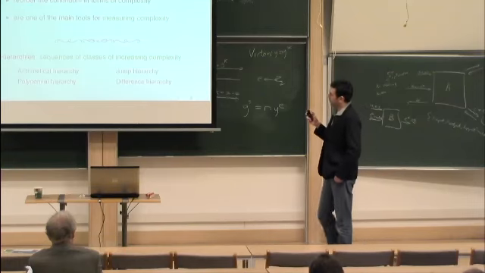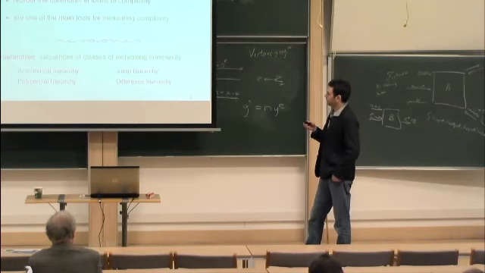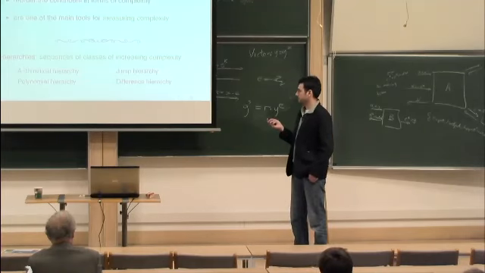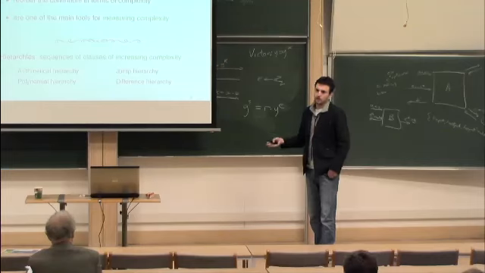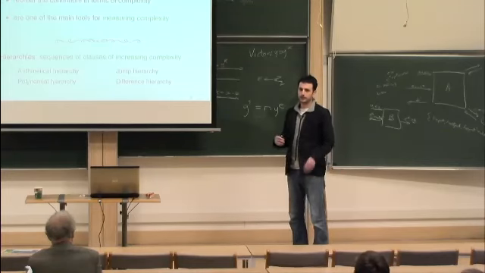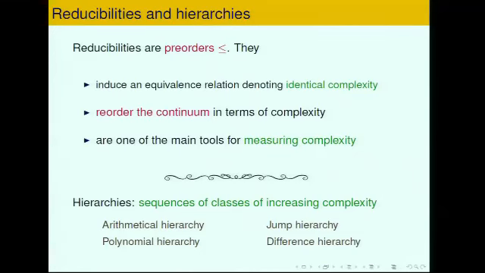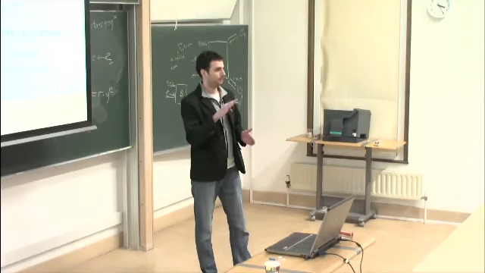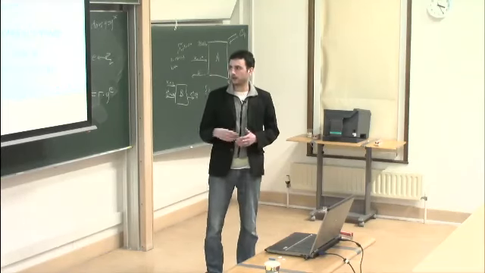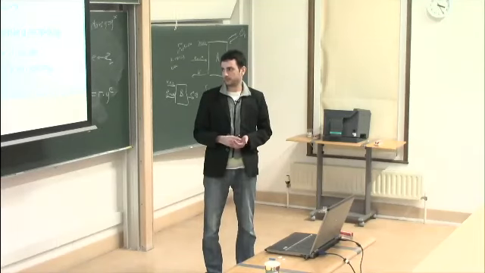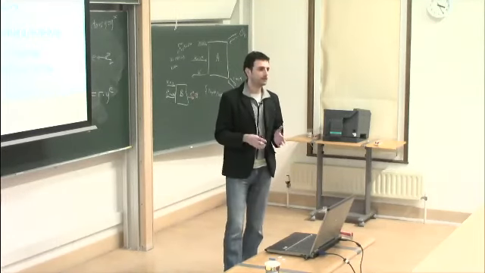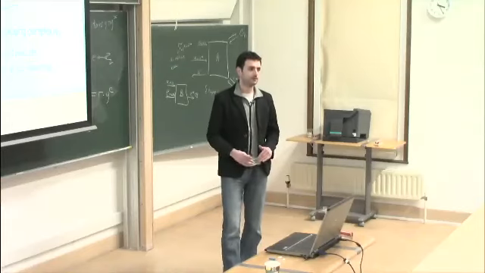The other main tool we have to classify problems according to complexity is hierarchies. So these are sequences of classes of reals, okay, of increasing complexity. For example, the arithmetical hierarchy: we look at sequences and how complex definitions they have in arithmetic, for example, counting the quantifier alternations, and sequences with complicated definitions, which don't have simpler definitions, are more complex, and so on.